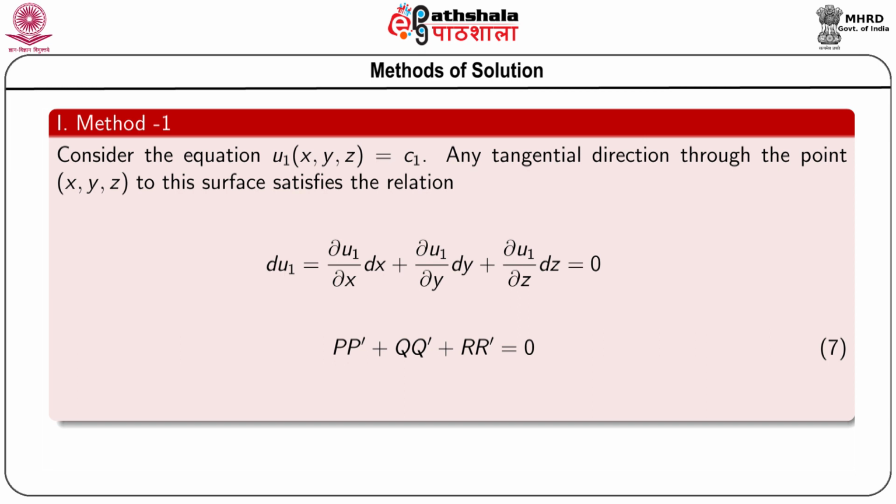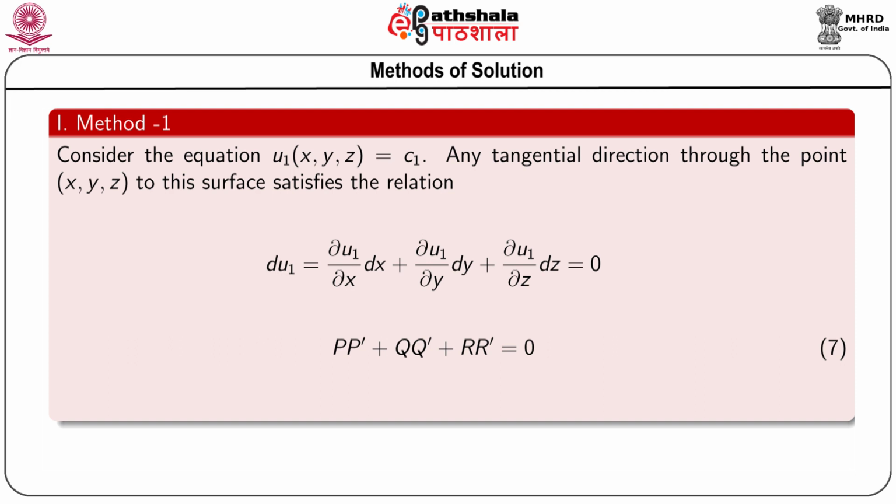Now, any tangential direction through the point xyz to the above surface will satisfy the relation du1 equals 0, where du1 is the total derivative of u1: del u1 del x dx plus del u1 del y dy plus del u1 del z dz equals 0, and we have the equation dx by p equals dy by q equals dz by r.